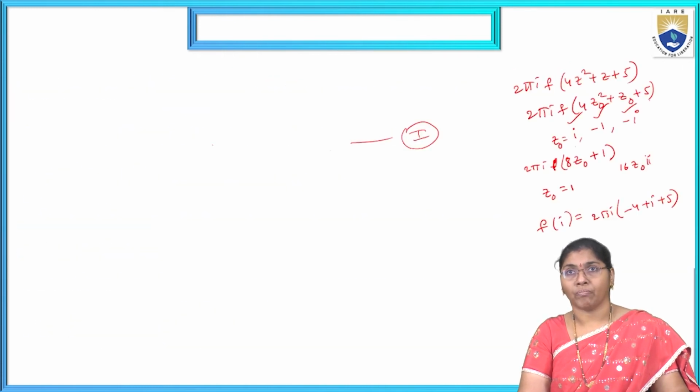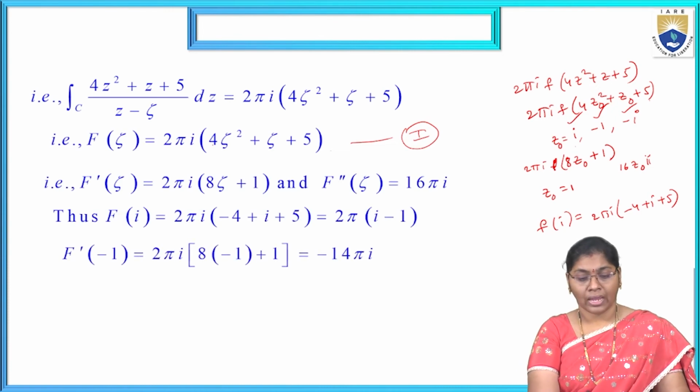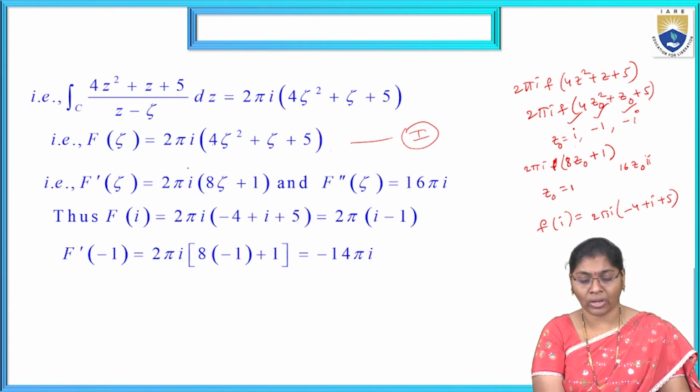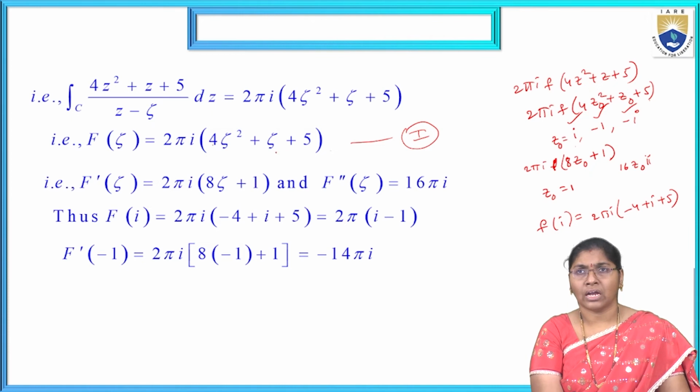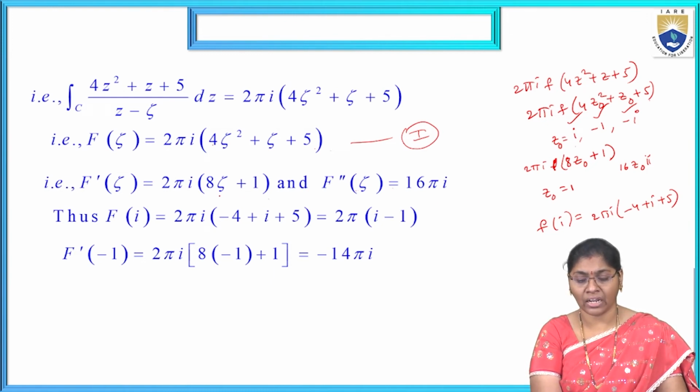For f dash, I substitute 2πi; the derivative of 4z² is 8z, the derivative of z is 1, and the derivative of 5 is 0. Next, f double dash of −i is again the derivative of this, which is 8. So 8 into 2, total 16πi.